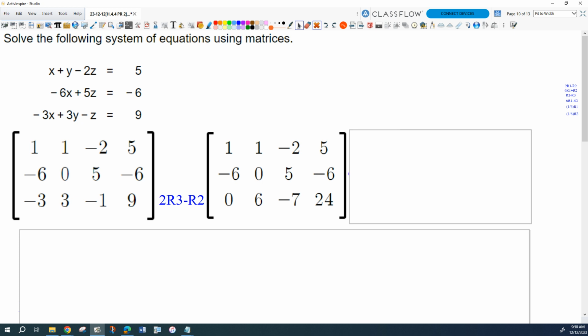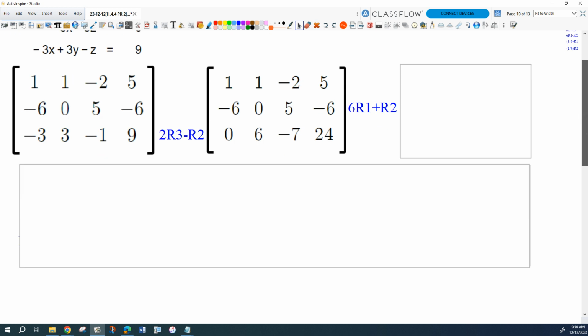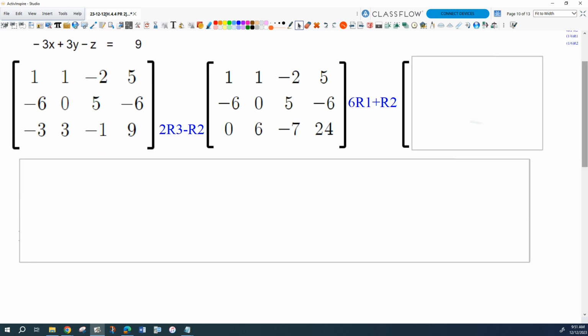Do you see a way to make that a 0? Okay, good. Multiply the top one by 6 and add them together, right? Good. Okay, 6 times row 1 plus row 2. What's that going to give me if I do that? Notice this is a slightly newer notation.